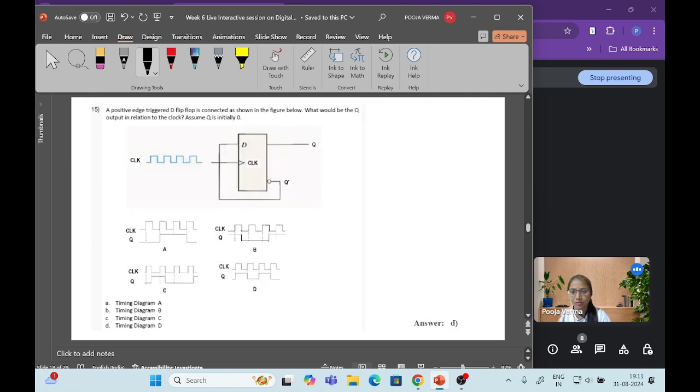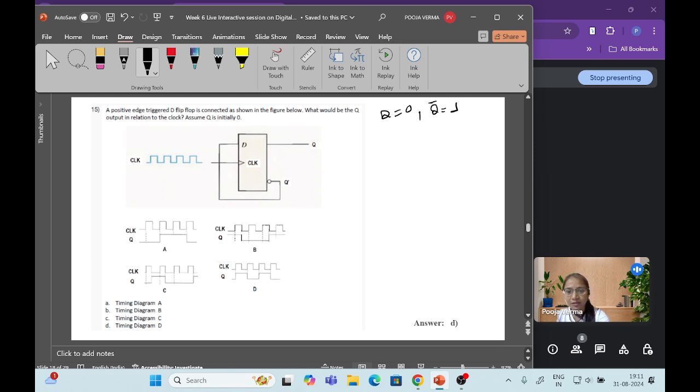So moving to the next question. The next question is: a positive edge triggered D flip-flop is connected as shown in the figure below. What would be the Q output in relation to the clock? Assume initially Q is 0. Initially Q is 0, so Q dash will be 1.